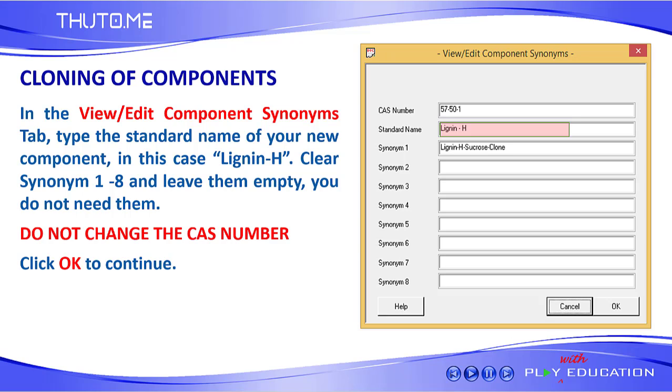You will notice that sucrose had all the synonyms, but you don't want to have a lot of synonyms for your lignin H. As you can see here, I had main synonym 1 to be sucrose clone. Do not do that. Just leave the standard name. The most important thing is do not change the case number, because you may end up interfering with other components which may have the same case number as you are changing towards. So leave the case number to be that of sucrose. That is fine. Click OK to continue.